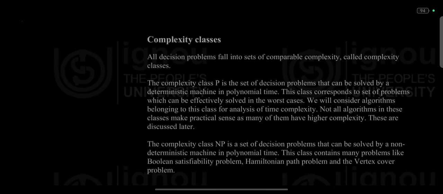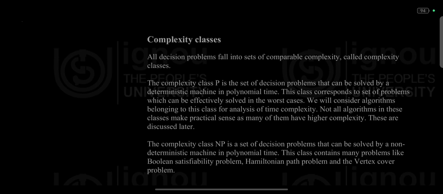Complexity classes. All decision problems fall into sets of comparable complexity called complexity classes. The complexity class P is the set of decision problems that can be solved by a deterministic machine in polynomial time.